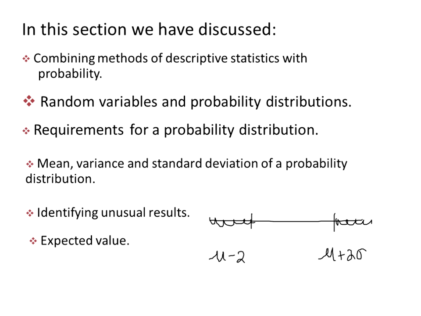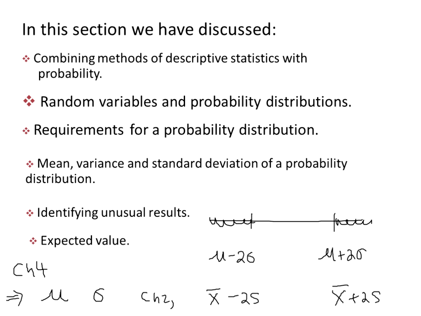There we go. All right, so in chapter 4, the symbols that we're seeing are mu and sigma. We're using these Greek letters for our measurements that come from our probability distribution. In chapter 2 and 3, we call that X bar and S. So this was when we were talking about chapter 2 and 3, but now we're in chapter 4, so our notation changes.